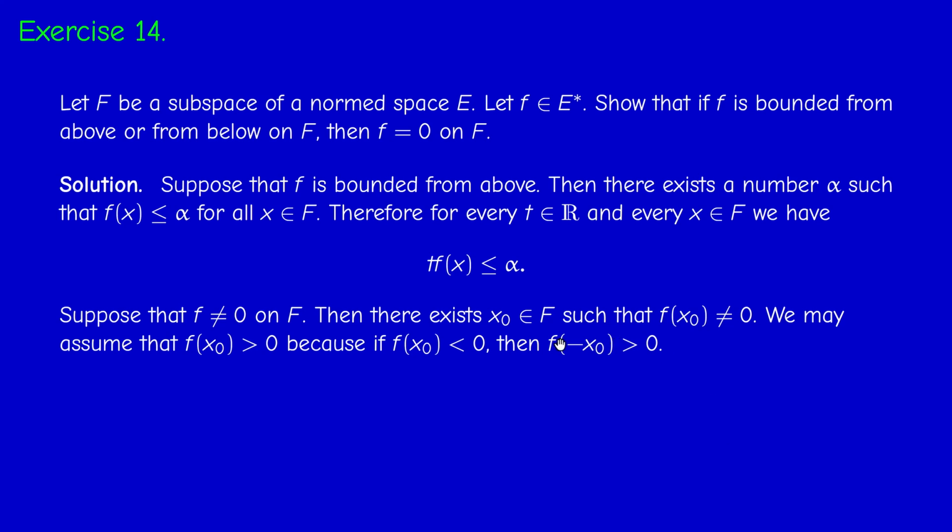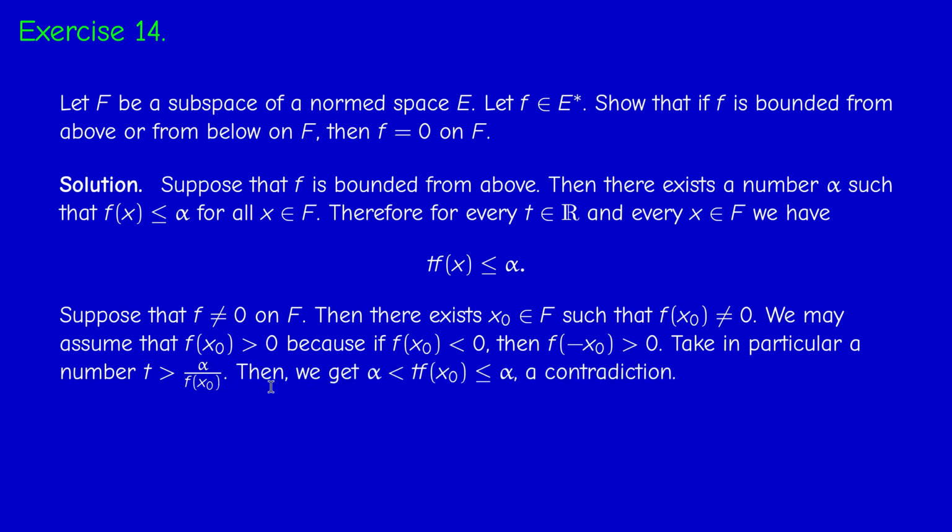Okay, so we now have an element x0 in the subspace capital F whose image under f is strictly positive. So I can divide by this number and take a number t which is bigger than alpha over f of x0.